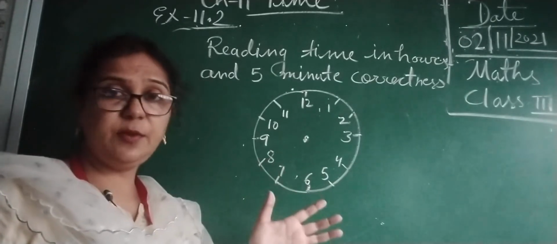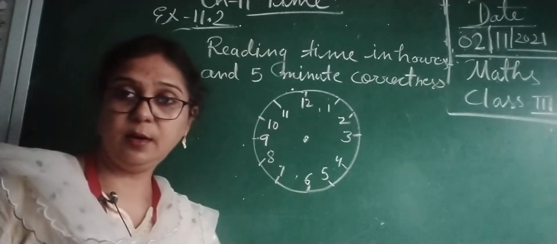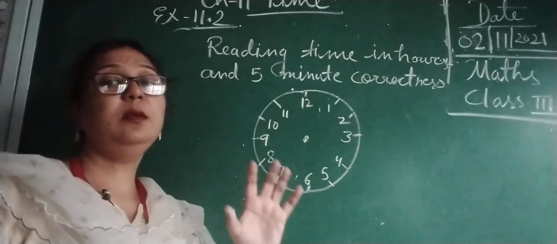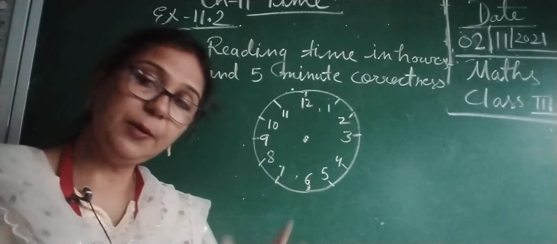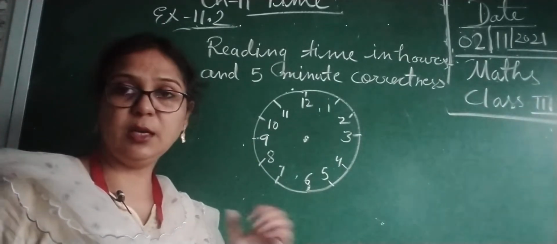Quarter past we have learned, half past we have learned, quarter to we have learned. Now we have to show 10:35, suppose. So how can we show it? That is what we are going to learn today.